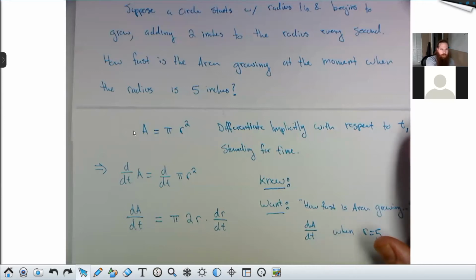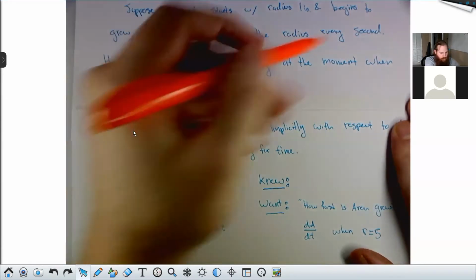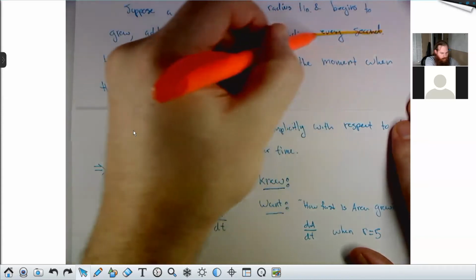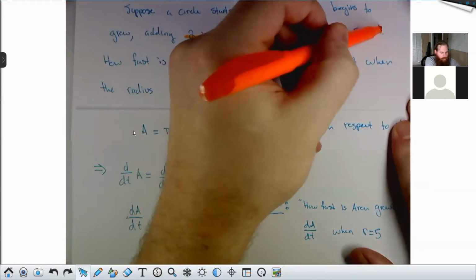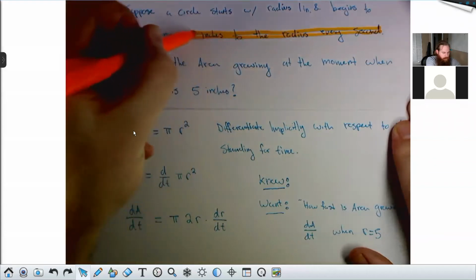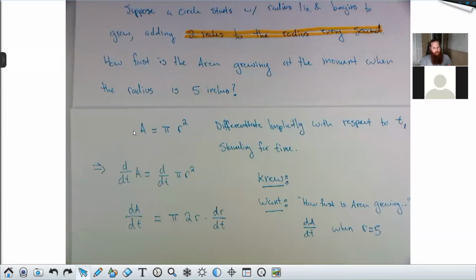Careful, it's not 2t, it's just 2. r itself you could write as 2t if you wanted, but dr dt is just 2. And we need to get to a place where we can infer this sort of thing directly from the language.